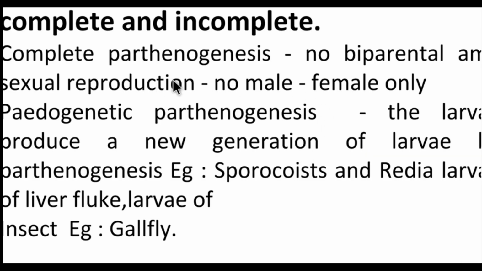Now we are going to parthenogenesis. This differs from sexual reproduction. What is parthenogenesis? The development of an egg into a complete individual without fertilization is known as parthenogenesis. Egg into complete individual, page number 7, last paragraph, without fertilization.